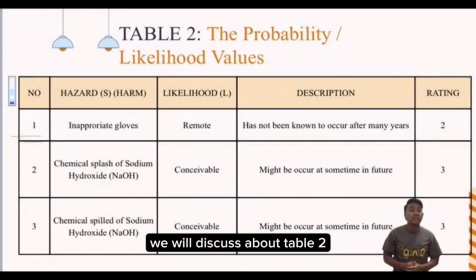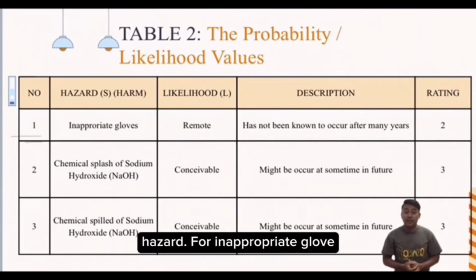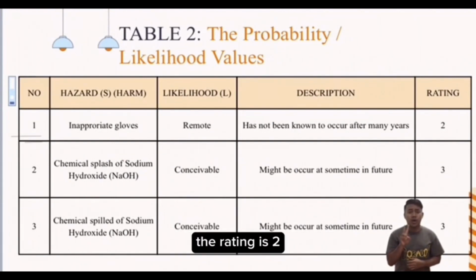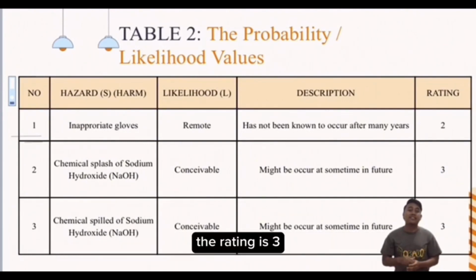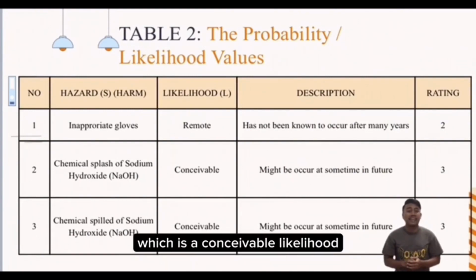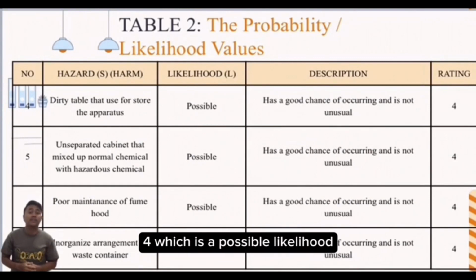In this slide, we will discuss Table 2, which is the probability value based on identified hazards. For inappropriate gloves, the rating is a 2, which is a remote likelihood. For the chemical splash and chemical spill of NaOH solution, the rating is a 3, which is a conceivable likelihood. Next, the hazards in this slide are rated 4, which is a possible likelihood.